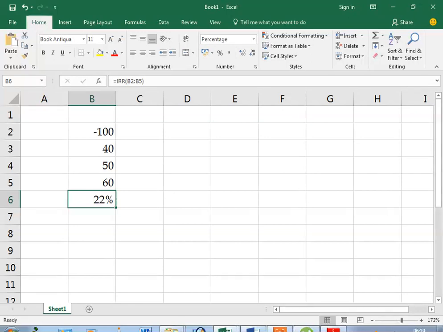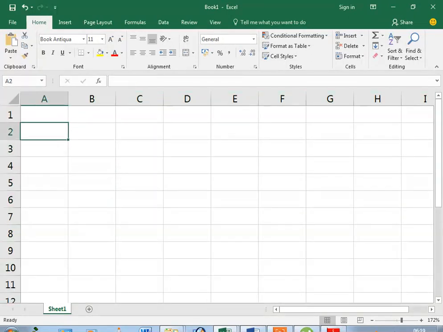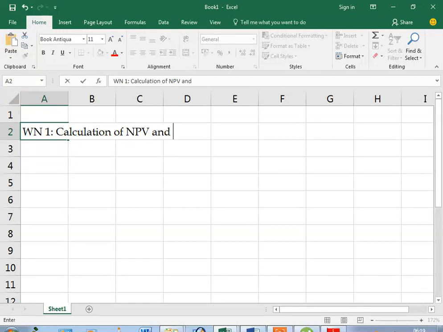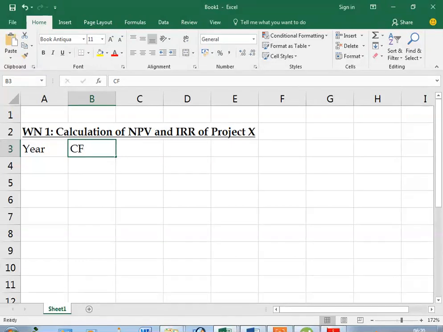First thing they asked, calculate the NPV and IRR of both the projects. Calculation of NPV and IRR of project X. Four columns: year, cash flow.